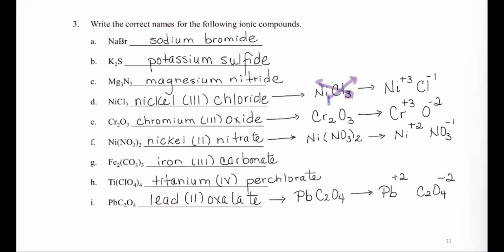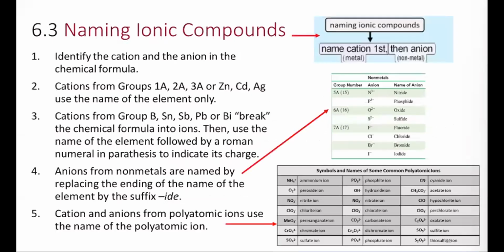Lead does not always have a charge of +2. Lead, tin, antimony, bismuth are going to have variable charge like the elements in group B. So that's why we had to break into ions those chemical formulas.